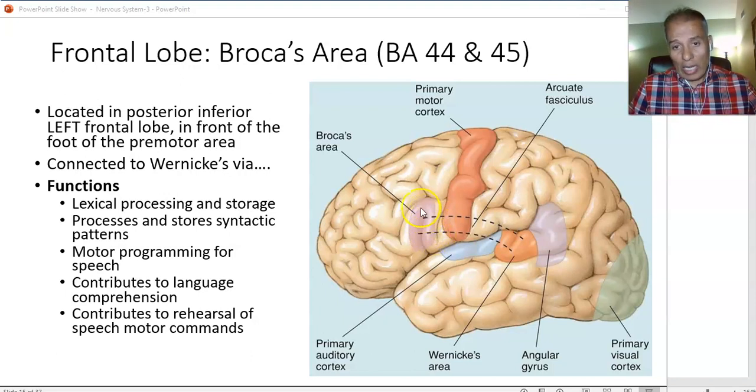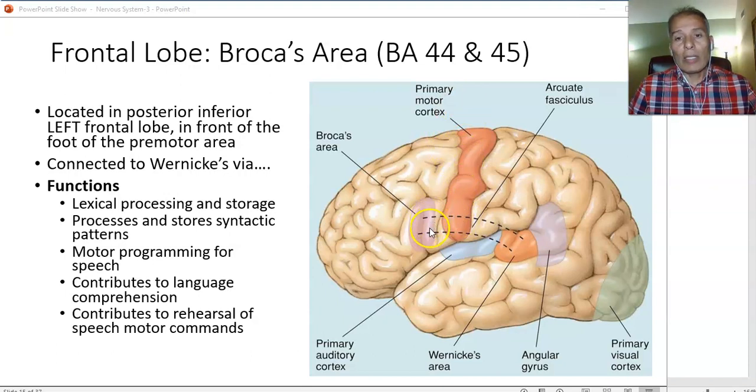So this is the area that lies in the posterior, inferior region of the frontal lobe. Particularly, it lies in front of the foot of the premotor cortex, and in front of the foot of the primary motor cortex.